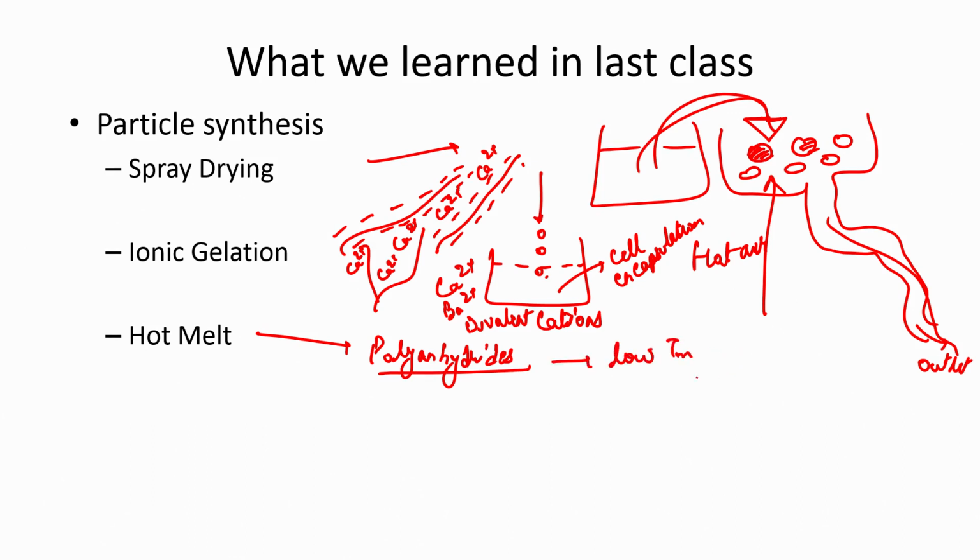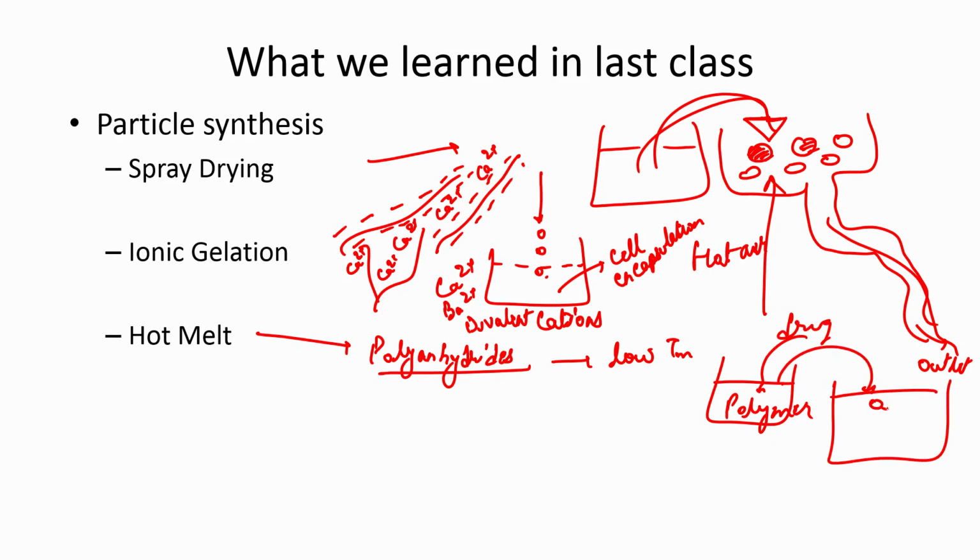So, what you can do is you can heat the polymer at a lower temperature and sort of make it liquid, and then all you have to do is, let us say this is your polymer solution, or in this case the polymer is the solvent, you add your drug and then you mix this whole thing in an oil with some stirring, and these polymer droplets will be formed, which then you can cool to result in a solid drug containing polyanhydrides or other polymers.